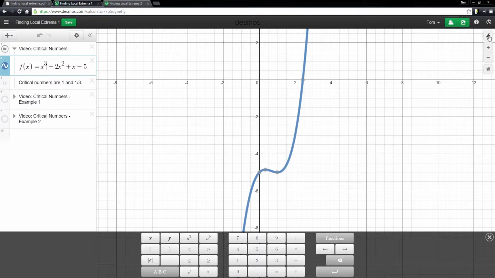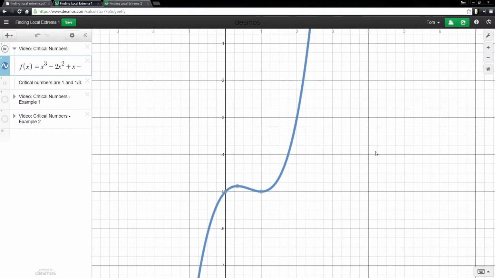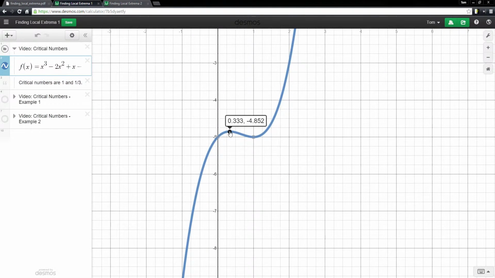Here's the graph of that function. We can see right here there is a local maximum, and sure enough that happened at one of the critical numbers we found, 1/3. And at 1, which was also a critical number, we can see that there is a local minimum.